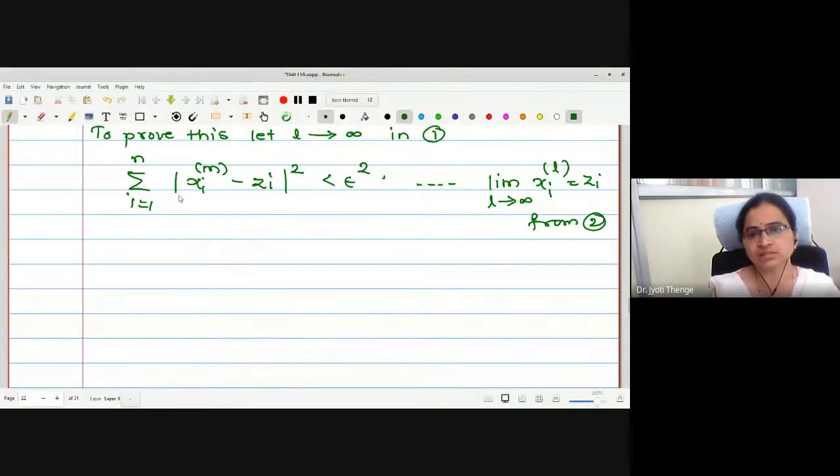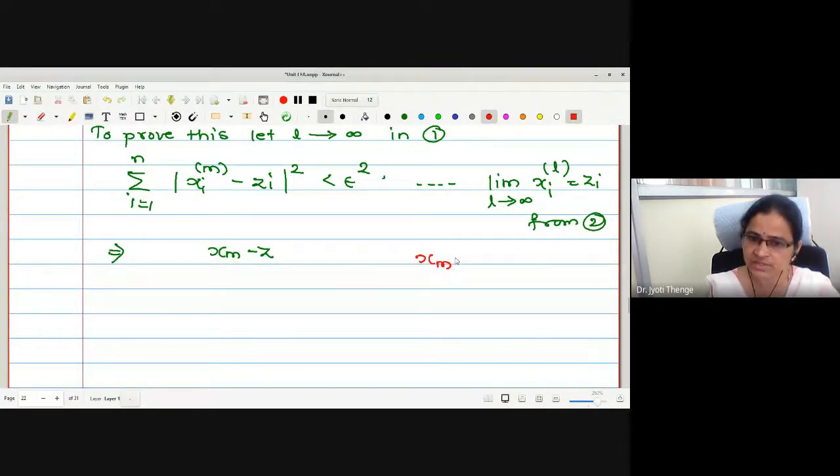Now, look at this. What kind of norm is it? This xim minus zi is the ith coordinate of a vector xm minus z. How? Let us check.